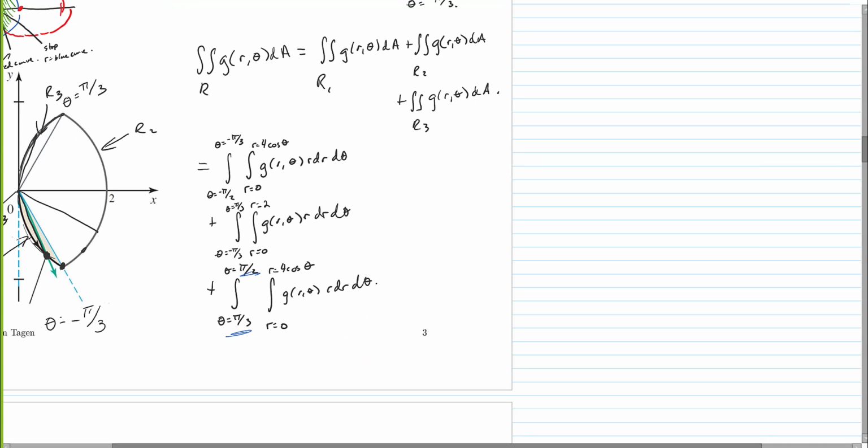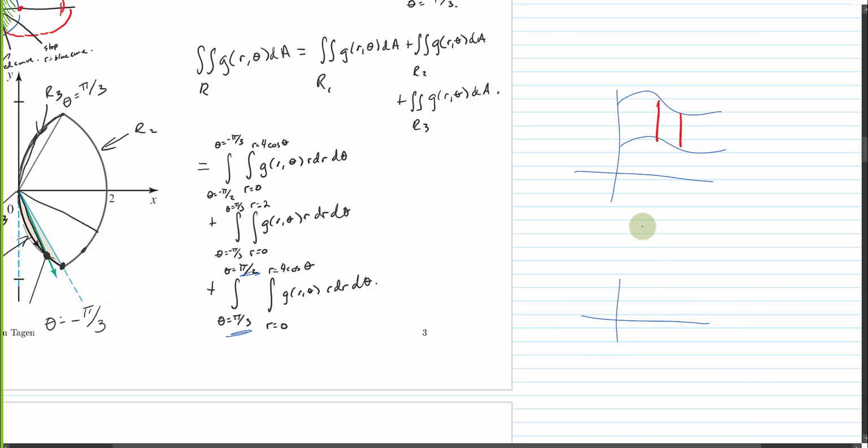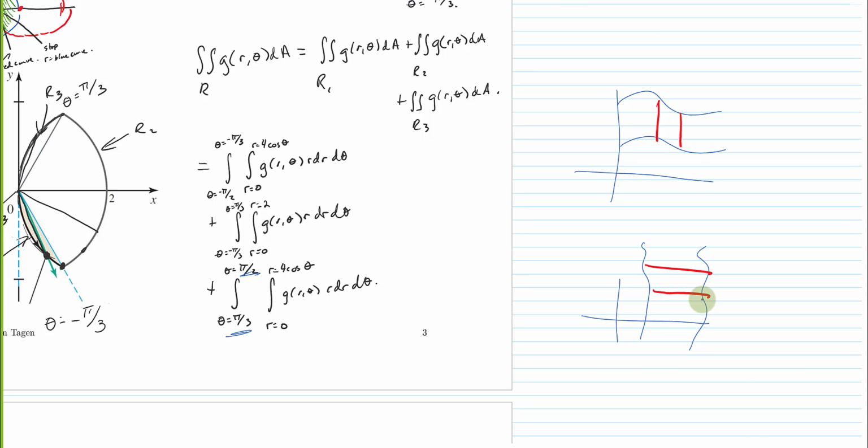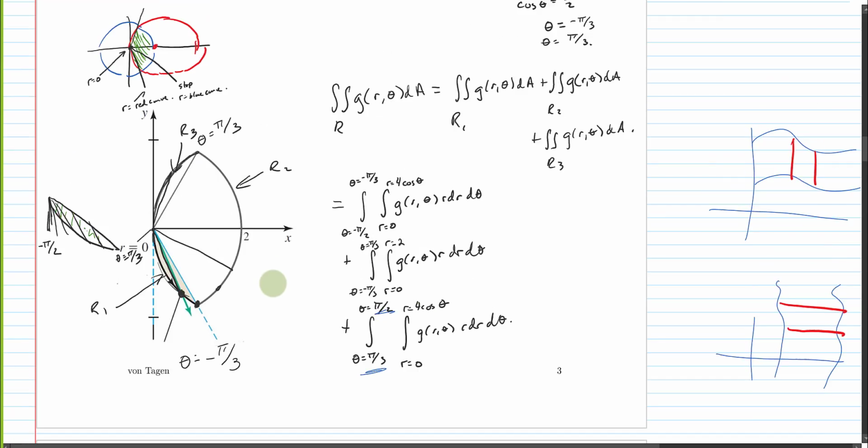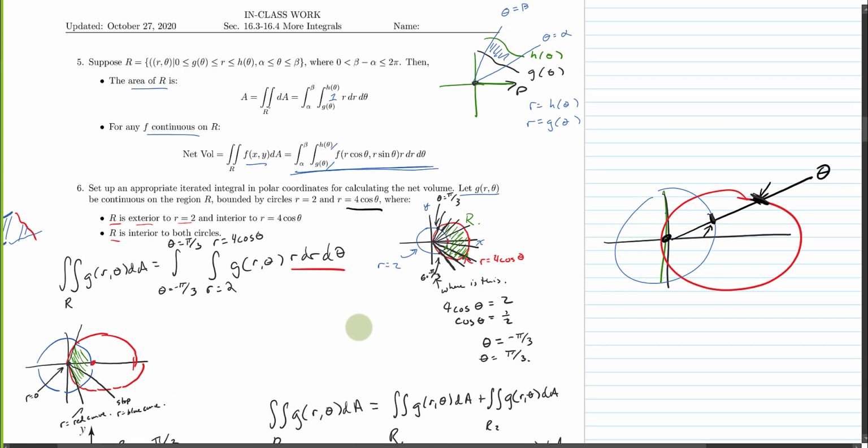Just like I said for those type 1 and type 2 integrals that we were doing before, it's really important to draw your vertical or your horizontal stripes. That was the key, I think, to being able to do integration in rectangular coordinate system. In your polar coordinate system, the key is to draw your radial arms, where you start drawing the radius, where you stop drawing the radius.